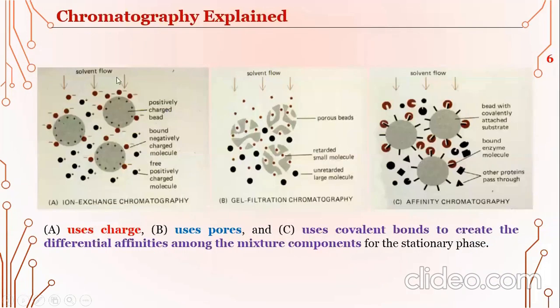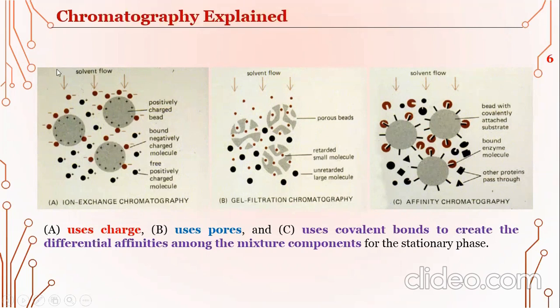In ion exchange, it is shown that you can see this bead-like structure, and that is a positively charged bead. This gray one is a positively charged bead. The charges are shown there, and these are the bound negatively charged molecules, the red ones. These are free positively charged molecules.